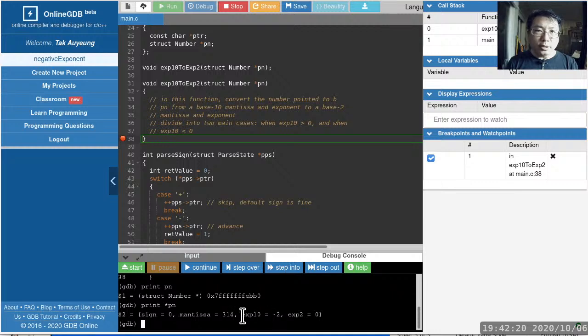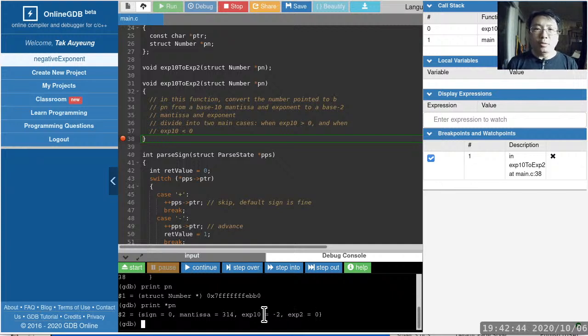So to compensate for the mantissa, which was 3.14, now it is 314. This is how we compensate for that. The exponent of 10, instead of a 0, now it is a -2. So if you think about it, 314 times 10 to the power of -2, hey, that's the same thing as just 3.14.